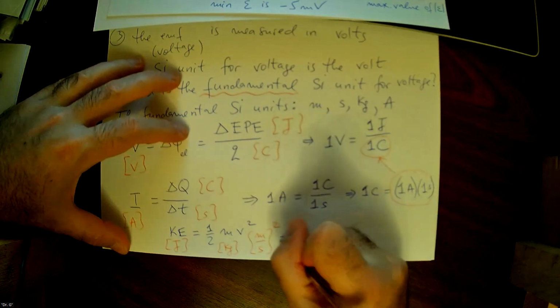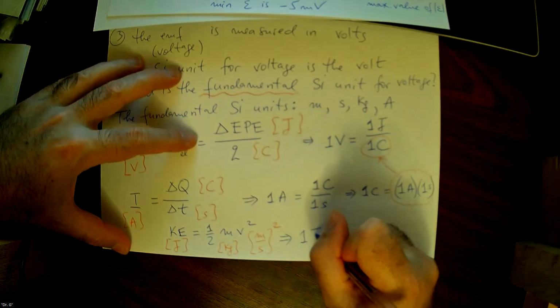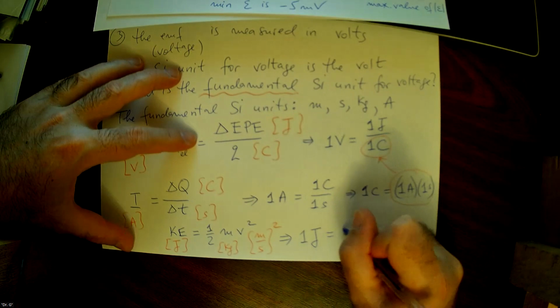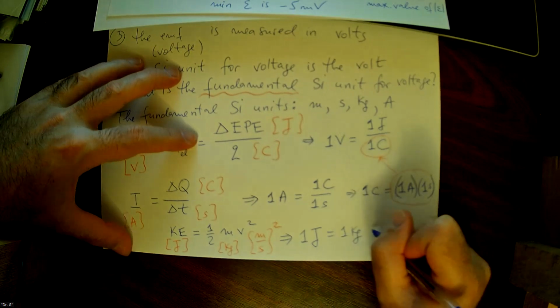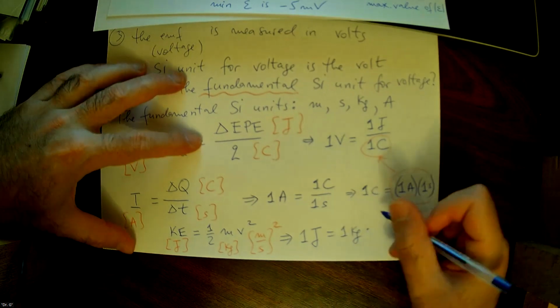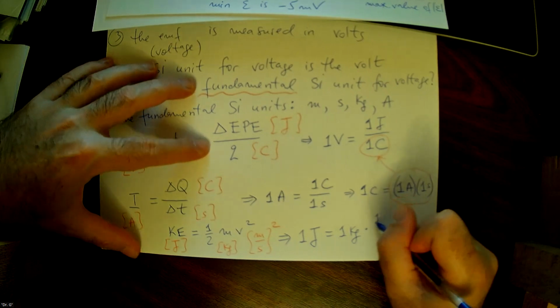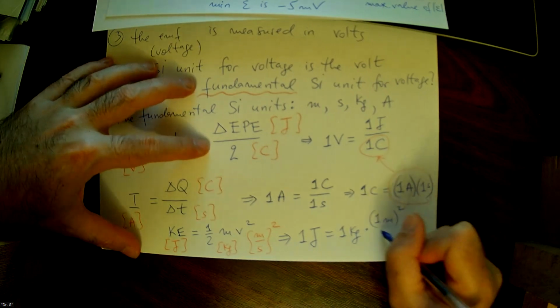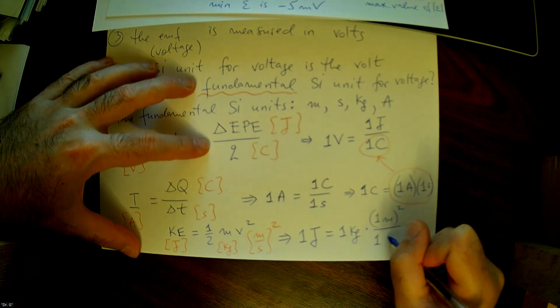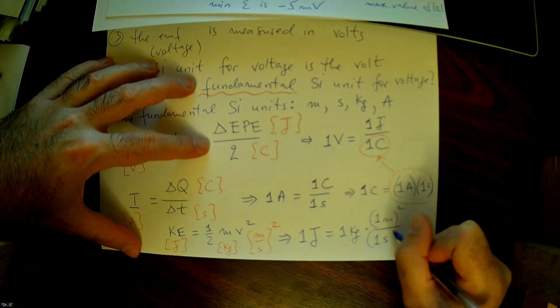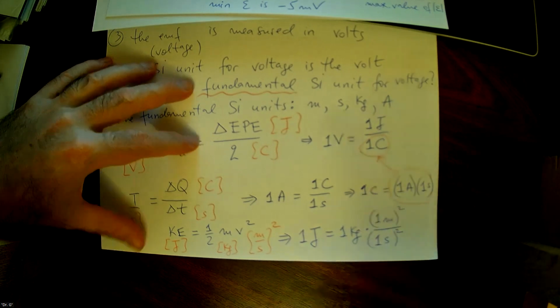So in conclusion, 1 joule is equal to 1 kilogram times 1 meter squared over 1 second squared.